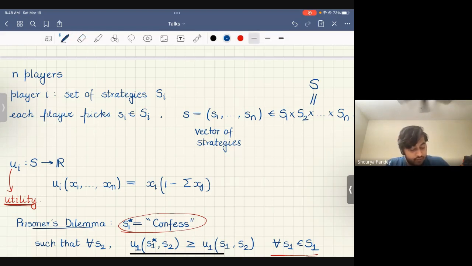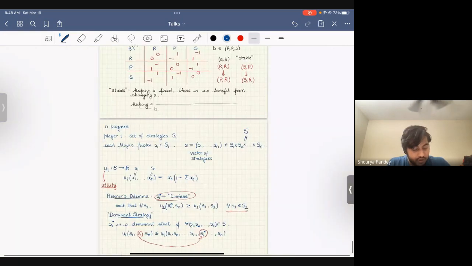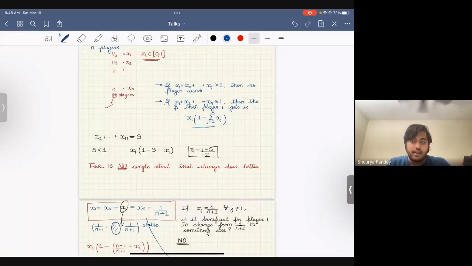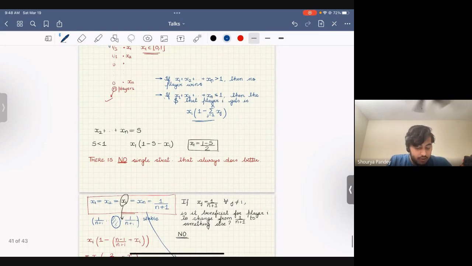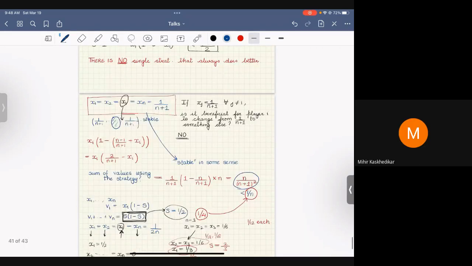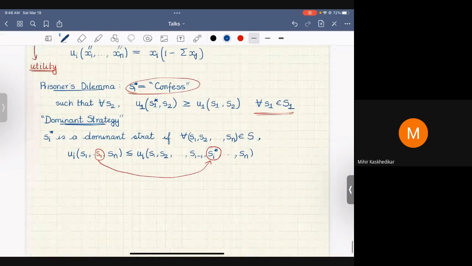Here the xi's were exactly the si's. If you remember the second problem, each player picked an xi, and so the strategy itself was the xi. Is that clear? Yes. Okay, great.